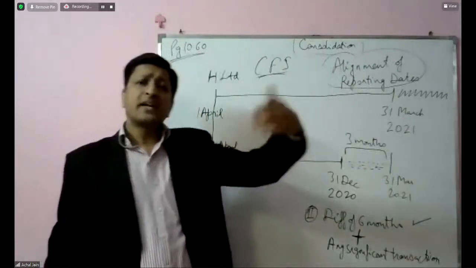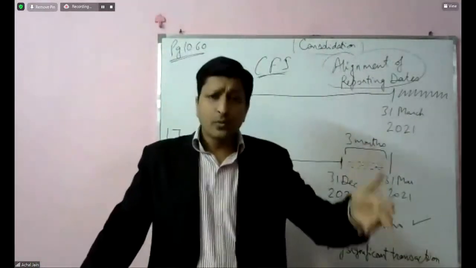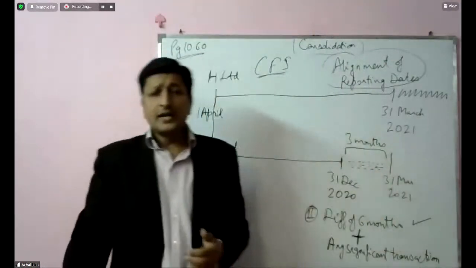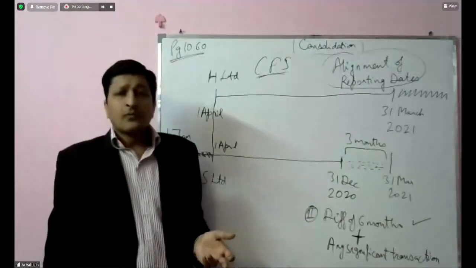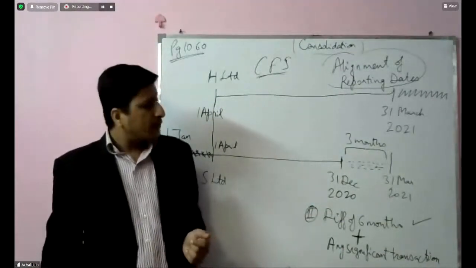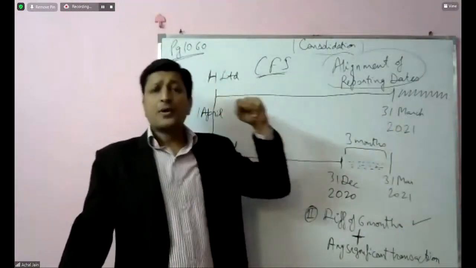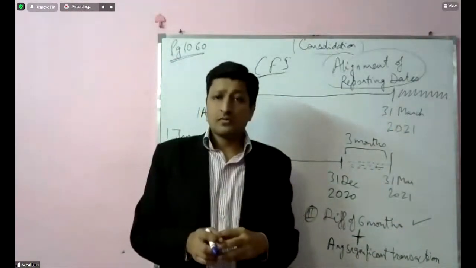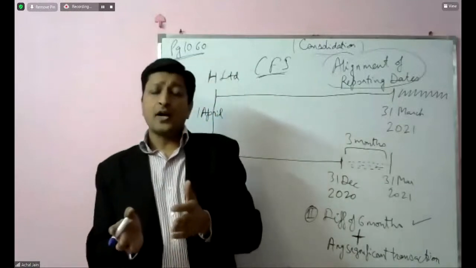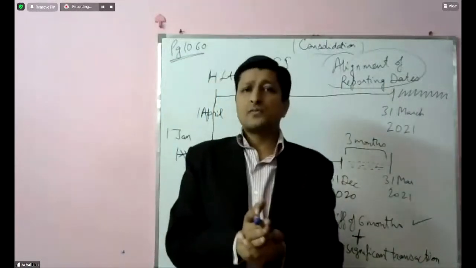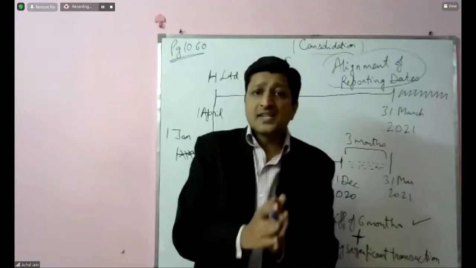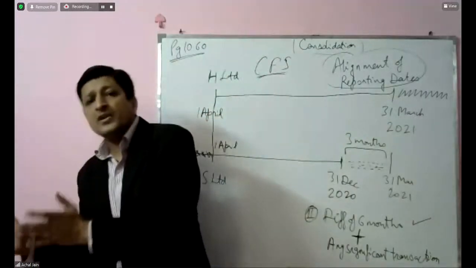Some of the companies may take 1 month, some may take 2 months, 3 months, 4 months, depending on their financial reporting process. It is not prepared on this very day, because on this very day books are closed. Financial statements are required to be prepared as of 31st March, but these get completed after 31st March.